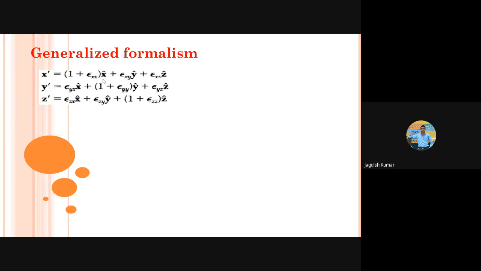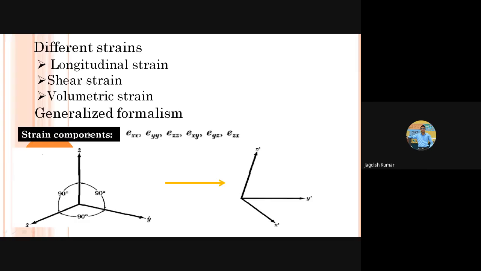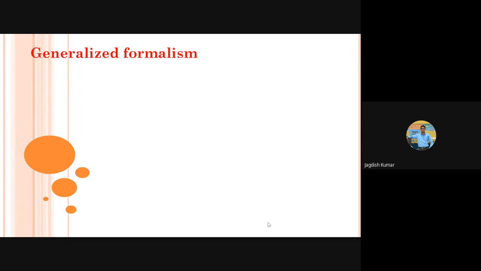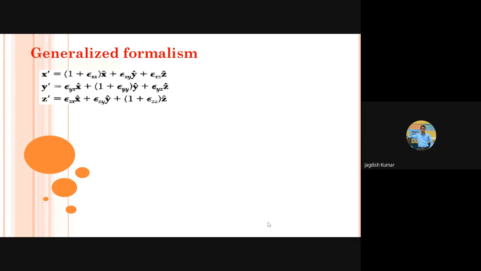Notice that originally this was x, now this is x dash, so x dash is related to x, y and z. What it means is the change in length and direction of the axis because of deformation produced along the x direction. Originally it had a length of, say, 1 unit. Now we are saying there is some deformation, so 1 plus exx.